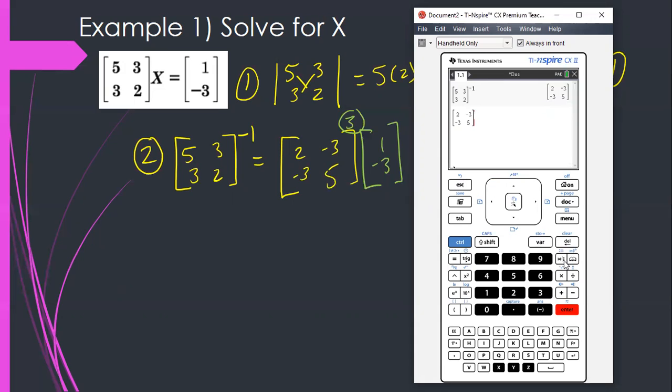Then I'm going to click the button next to 9 and select a 2 by 1 and input the values. So we have 1, -3. Once I input the matrix, I'm going to hit enter. And step 4 is my solution. So therefore, matrix X equals 11 and -18.